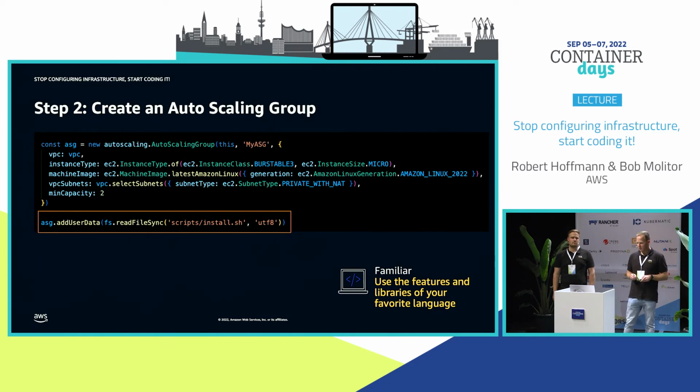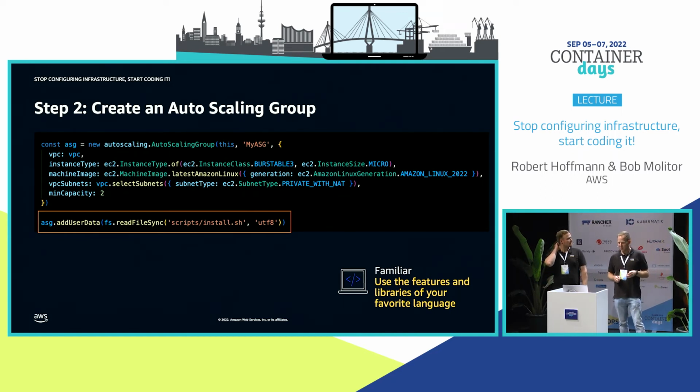And the last one is where we call a function, add user data to our user group, and that will say, hey, we have a script, a shell script here, where we say, hey, start my HTTP server, create a file with HTML in there, and just go for it. You can choose it in your favorite language, and that's also pretty nice.